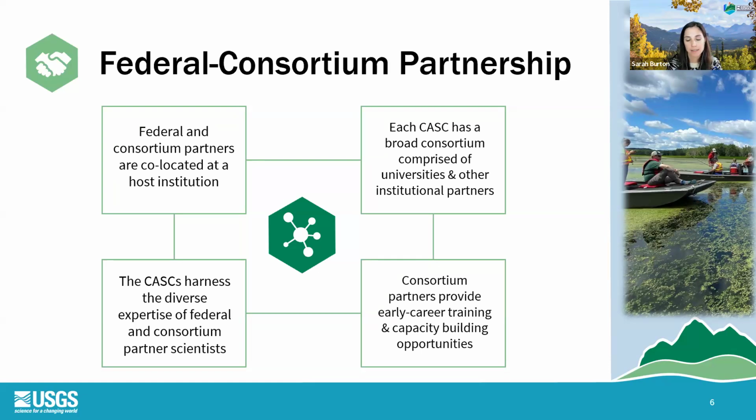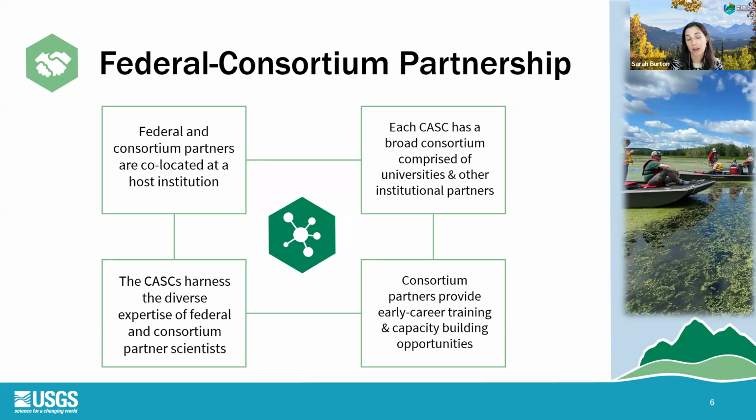So our USGS and our university partners are located in the same space. Again, the consortiums are just comprised of a breadth of partners from NGOs to state agencies. And that's really how we are harnessing this diverse expertise to push forward the science that we're producing.